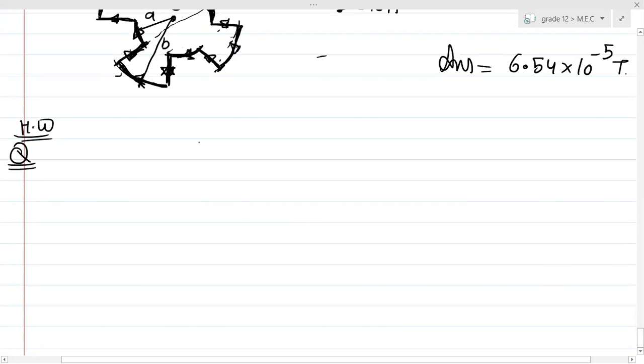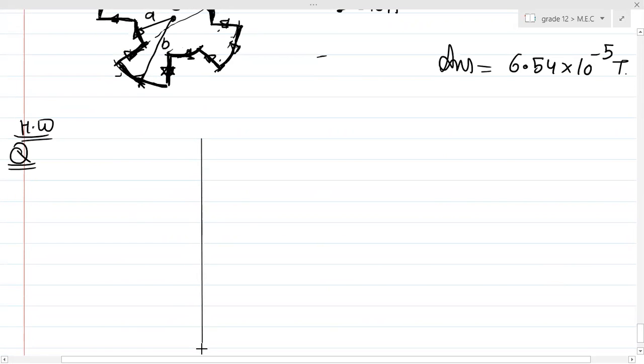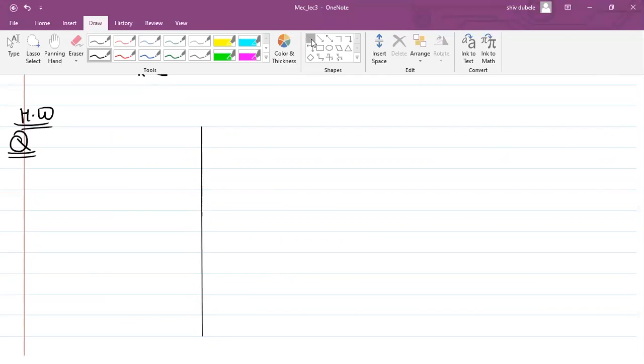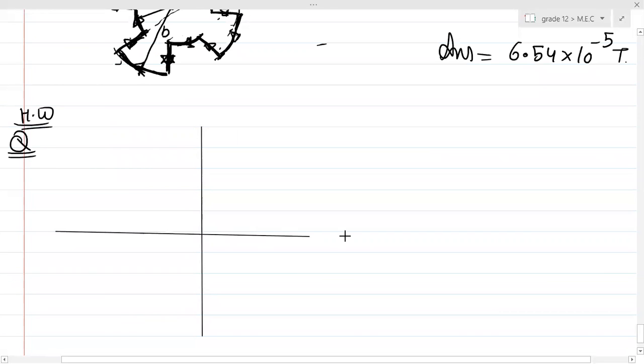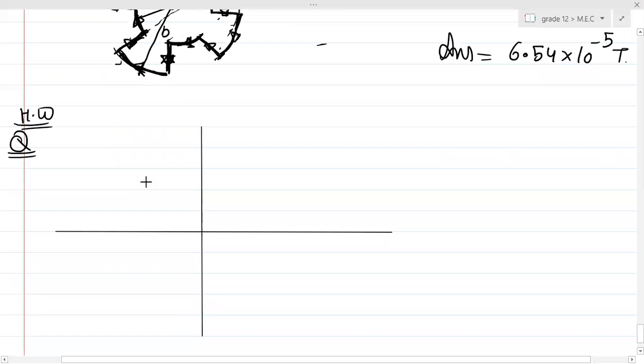Suppose... So guys, can you see one x-axis, y-axis, and a z-axis?